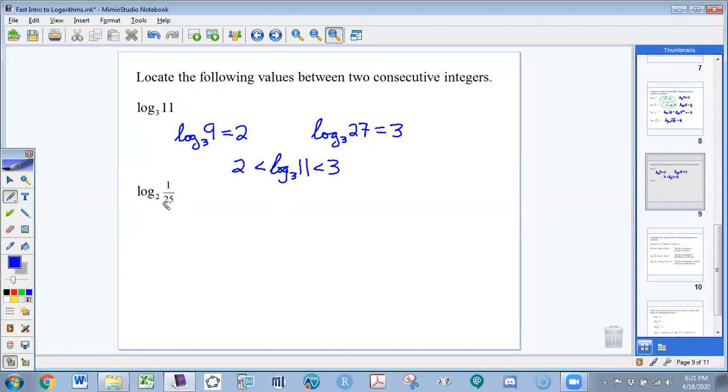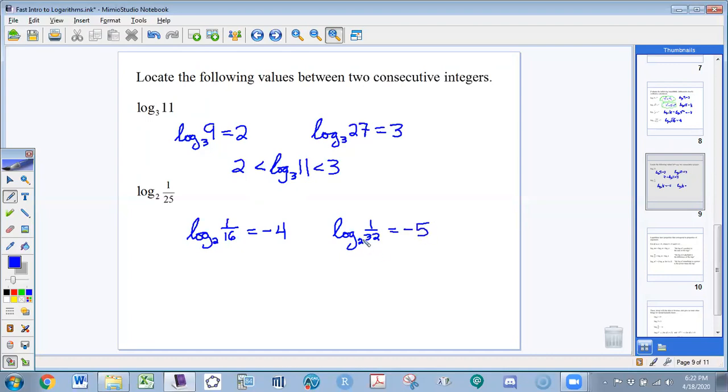I'm talking about reciprocals, so I need to think about powers of 2 that give me reciprocals. I might think about 1/16, which is negative 4. Another one that is past 1/25th is 1/32. So log base 2 of 1/32 is negative 5.